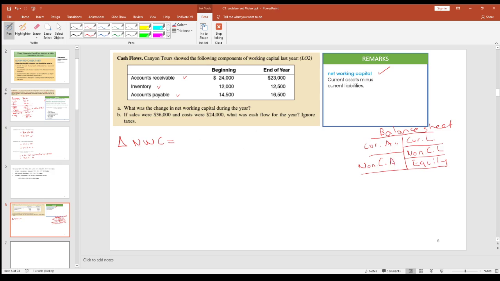Net working capital is simply the difference between current assets and current liabilities.